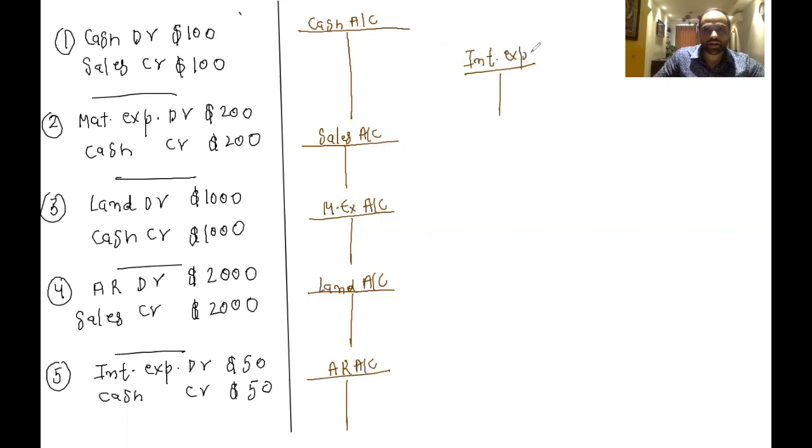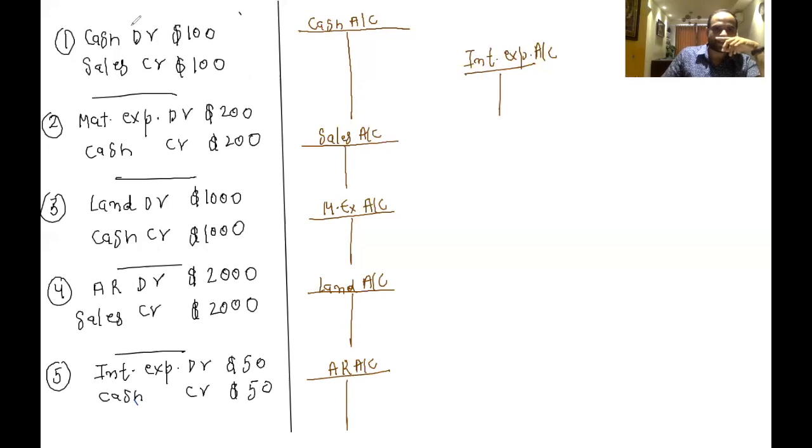Interest expense account. Cash account already. Right. So we prepare the T account format first. Everybody understand this one? Is that okay? Yes. Okay.